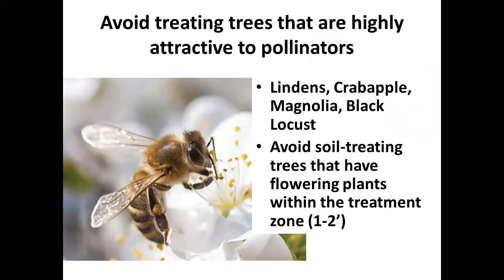So, for trees like lindens, crabapple, magnolias, black locust, the ones that are flowering, if there are flowering plants within that treatment zone, within a foot or two of the trunk, then that should be avoided. Or maybe they cut off the flowers, but we don't necessarily want to always trust the word of clients that say, yeah, I'll just cut the flowers off for a season or two while this is being treated.